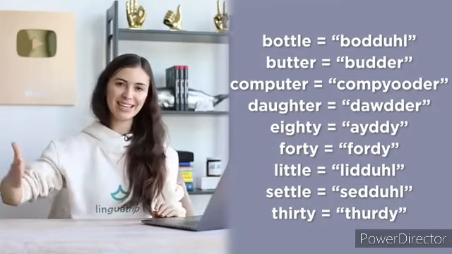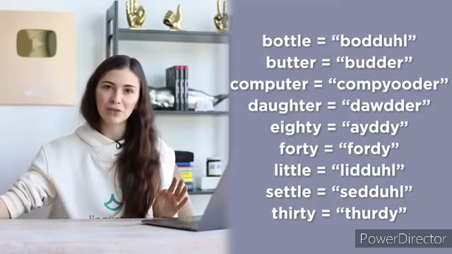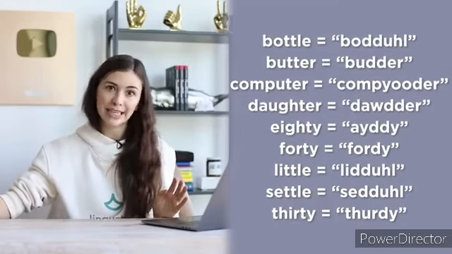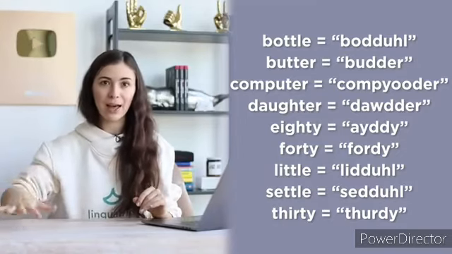You see, this T converts to D all the time. As you noticed, it's even unnatural for me to say "little" and "thirty" with a T, just because I'm so used to inserting D instead of T. This would come automatically to you guys when you practice.